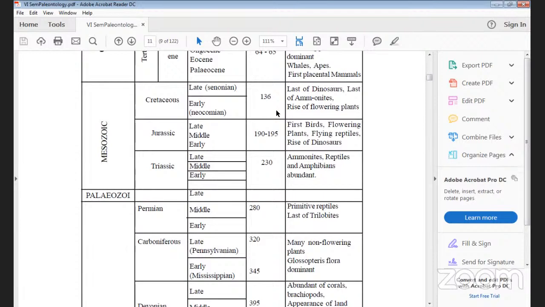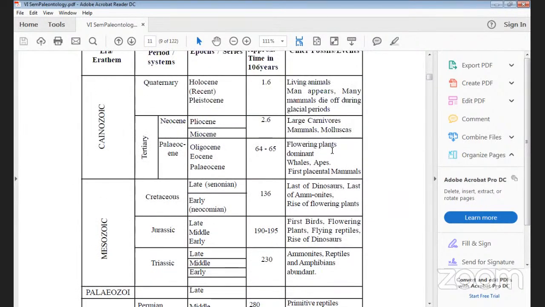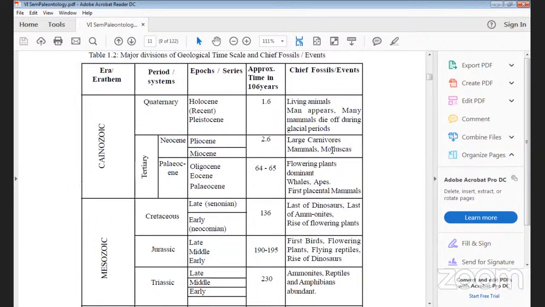In the Jurassic age, about 190 to 195 million years, the first birds, flowering plants, and flying reptiles, including dinosaurs, were developed.